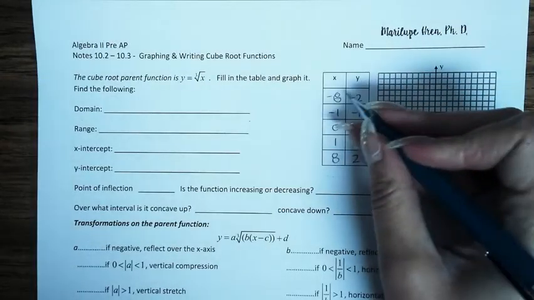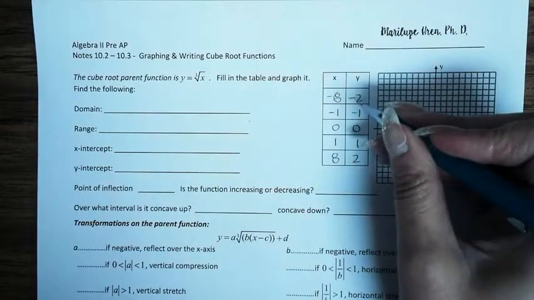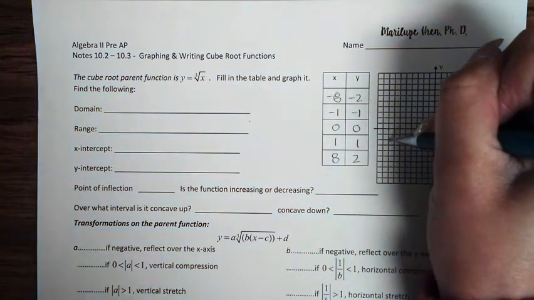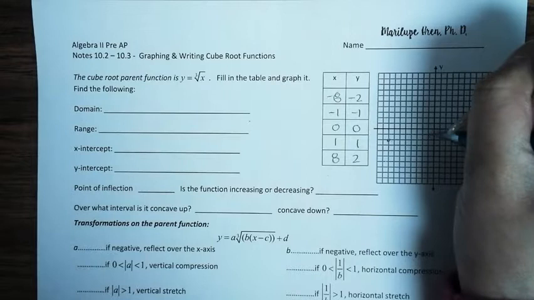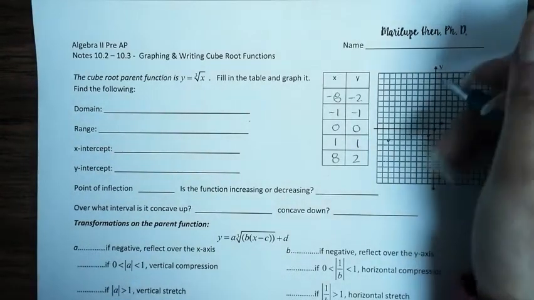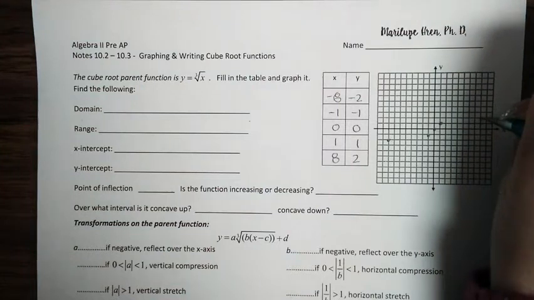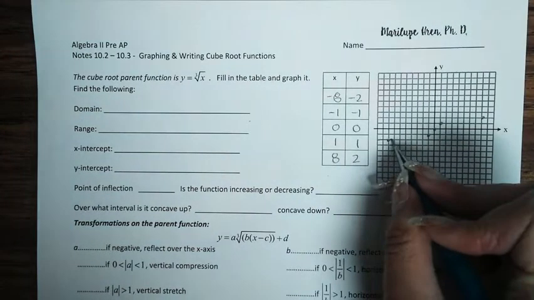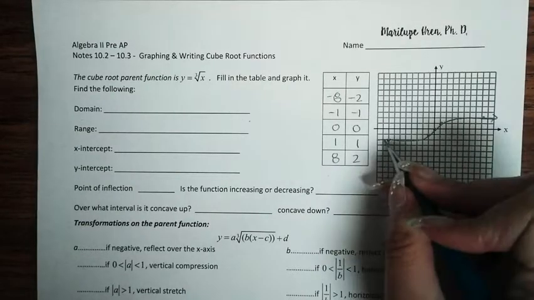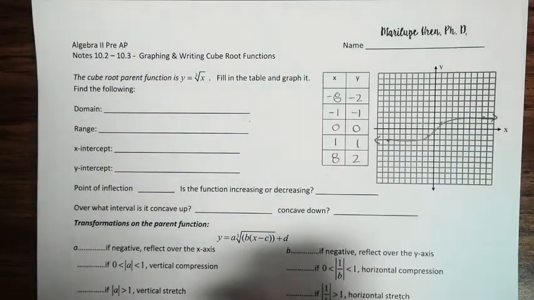So I plot my values here: -8, -2 is here, -1 and -1 is here, 0, 0, 1, 1, and last but not least we have 8, 2, which is over here. So I connect my points here, and that's going to be your parent function.